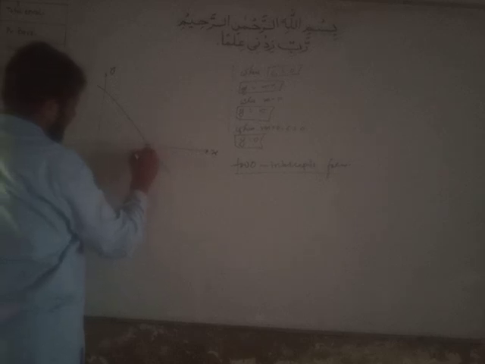This is the Cartesian coordinate system, and this is the line. So here this is the x-axis, and this is the y-axis. So here first intercept is here, and this is a.